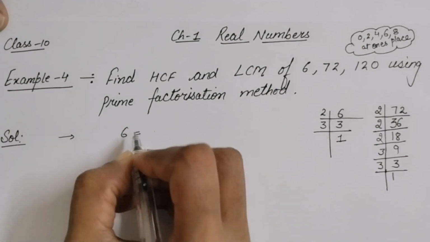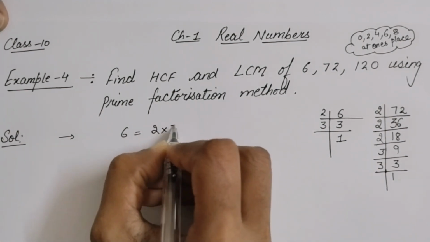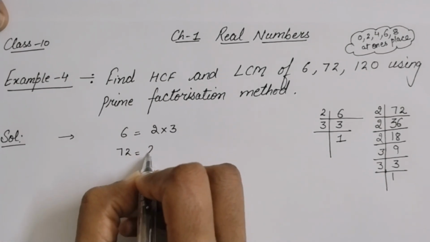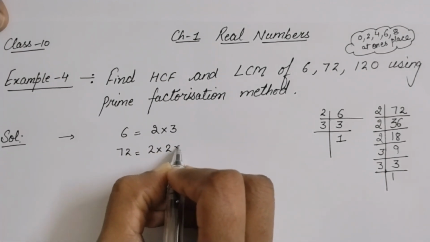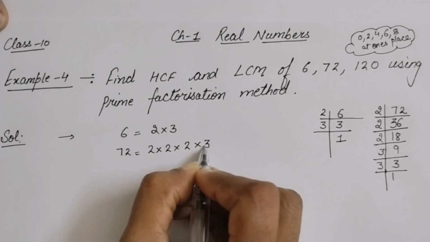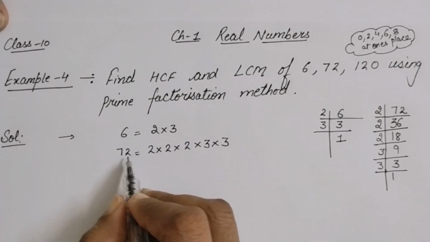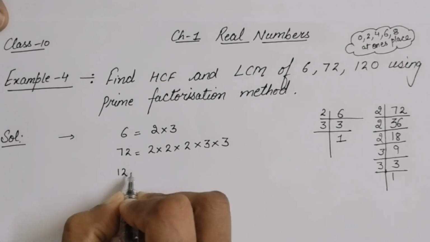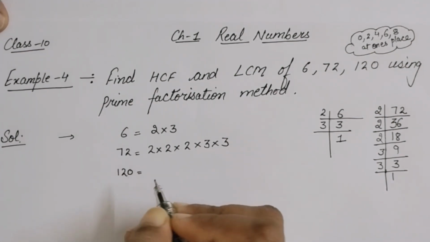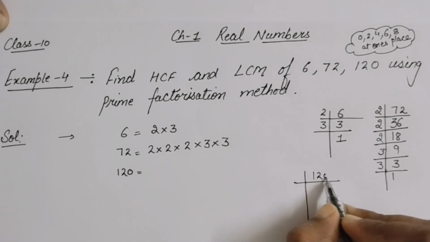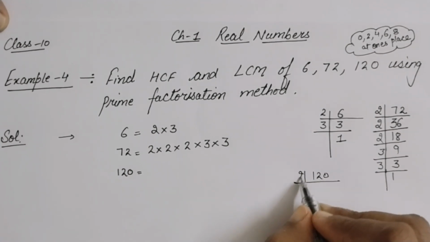So let's start writing. For 6, it is 2 into 3. For 72, it is 2 into 2 into 2 into 3 into 3. You can verify: 2 4s are 8, 8 3s are 24, 24 3s are 72. Now let's start for 120. Again it is divisible by 2.